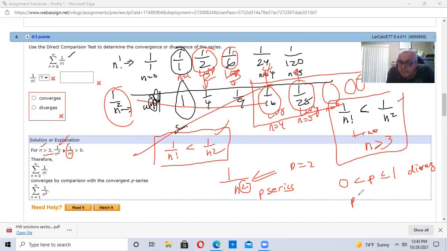And if P is greater than 1, it converges. P equals 2, it's greater than 1, so the series converges. This converges, which means the more complicated factorial one also converges. So that factorial is a little tough. Just remember, you're going to compare it with 1 over n squared.